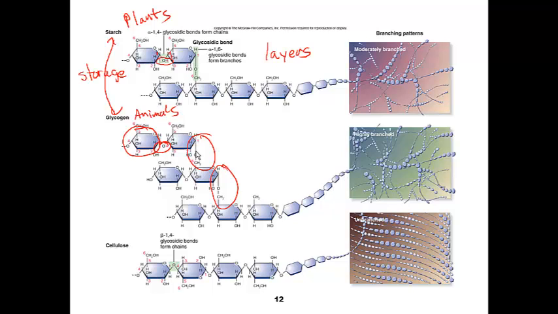Now here's cellulose. Cellulose is not digestible. This is what we consider to be fiber. Notice the difference here. If you look at starch and glycogen, notice the 1,4 glycosidic linkage is in the alpha form. The O is pointing down. But now in its beta form, what used to be OH pointed upwards, we have a beta glycosidic bond.